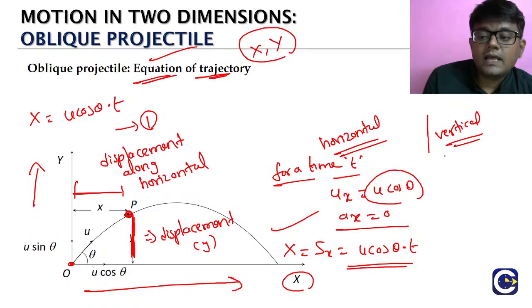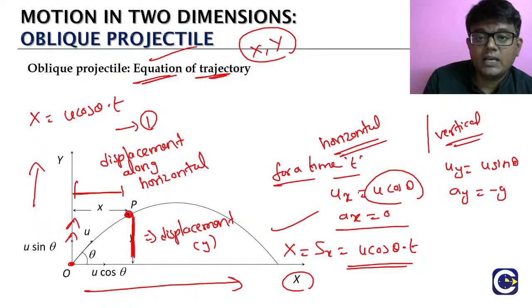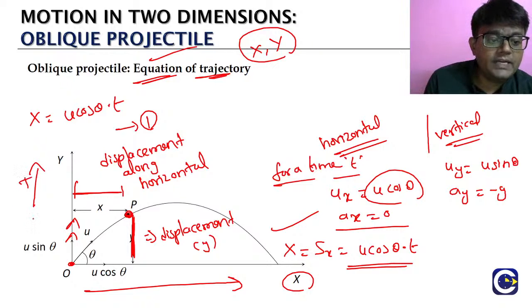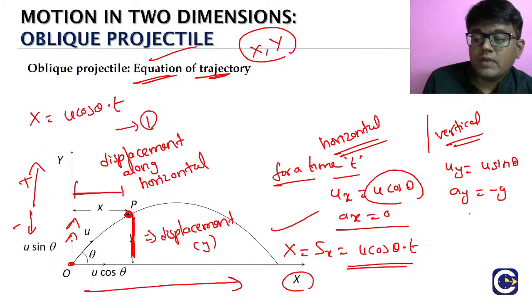Okay? Then in the y direction, the initial vertical component of velocity is u sin theta. Acceleration is minus g, so we have to be careful. We take minus g because in the vertical direction, upward is taken as positive. Then we have to find the vertical displacement after time t. The formula is s is equal to ut plus half at square.